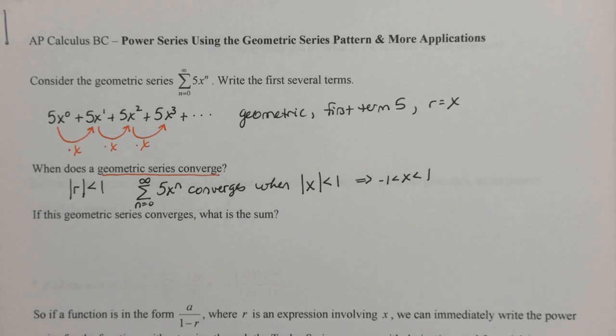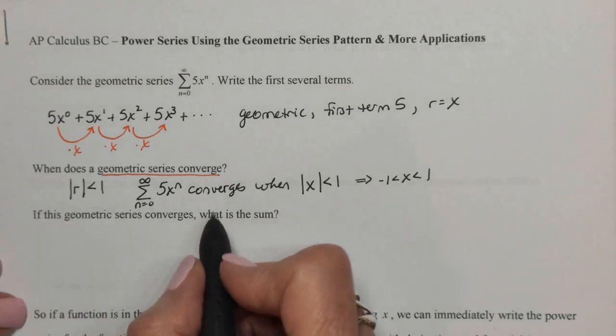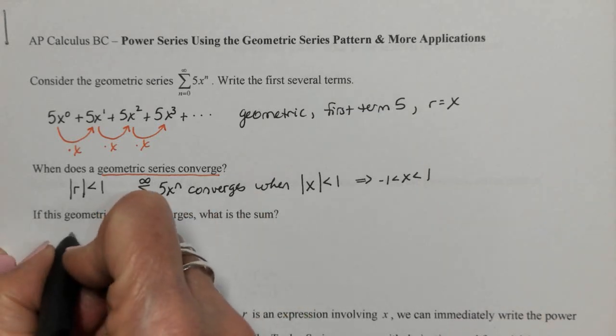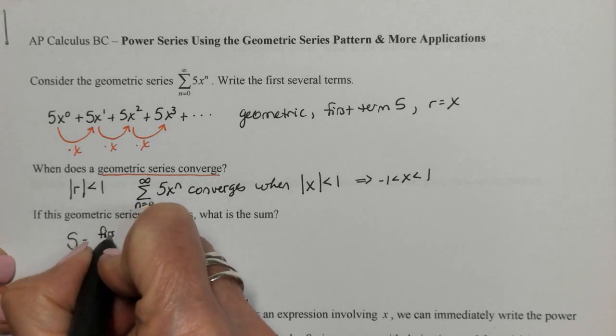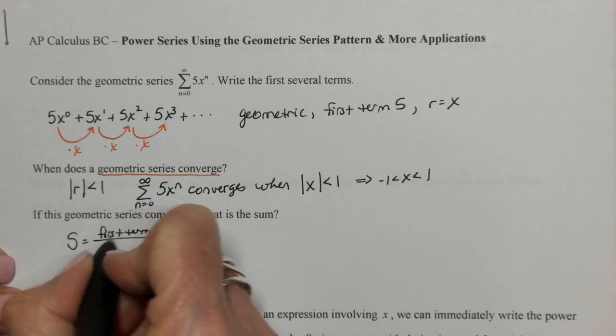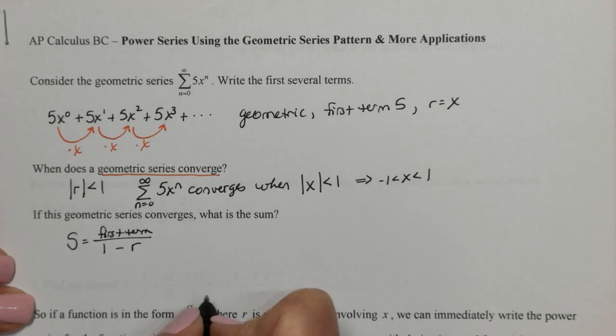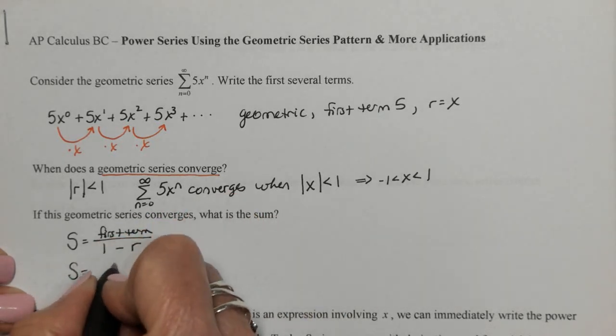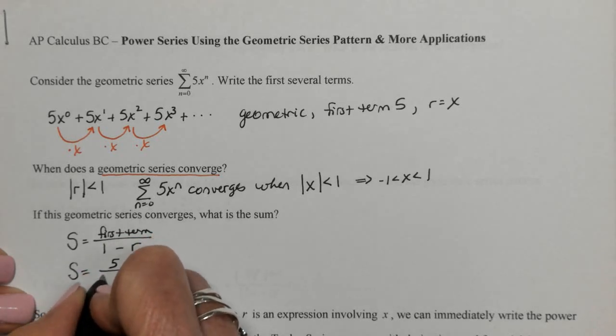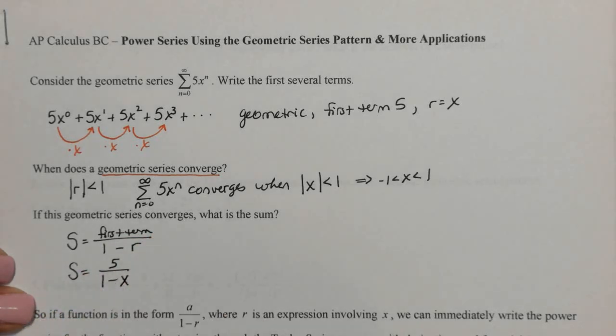Without checking the boundaries. We don't have to check the boundaries if our series is geometric. Okay? So if this geometric series converges, what is its sum? If a geometric series converges, then its sum is the first term divided by 1 minus r. True? So our first term here was 5. r is x, so that would be 5 over 1 minus x.